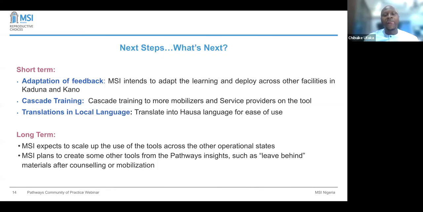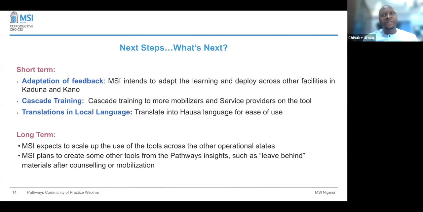We also plan to create, because of how relevant the messages and some of the data that we found from the pathways are, we are thinking that they are very useful for some of our leave behind messages and materials.